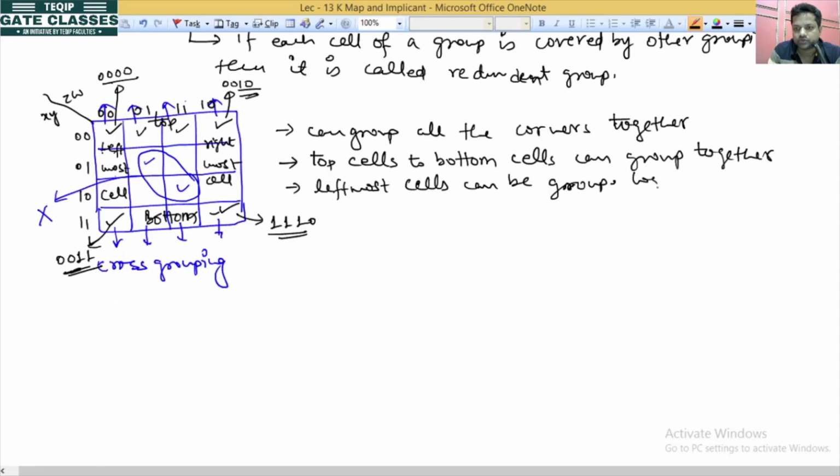Can group together. Only cross grouping is not allowed, otherwise all other groupings are allowed. Only cross grouping is not allowed, always remember this.